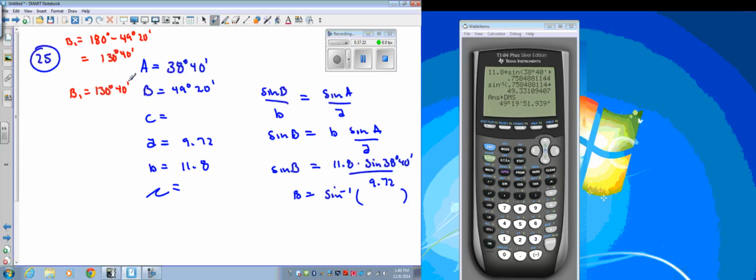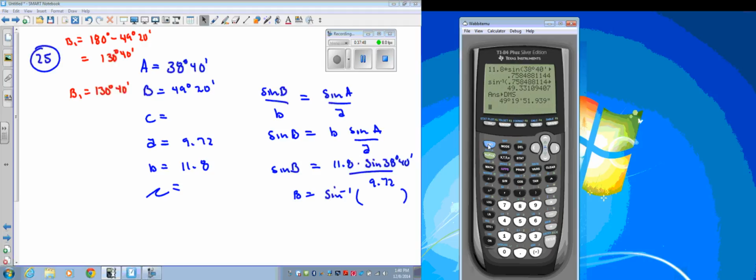Now, you didn't get 49.20? What did you do in the calculator after you had 49.33? Second angle, at the bottom it shows you, right triangle, it says DMS. Stands for degrees, minutes, seconds, and it'll convert it for you.